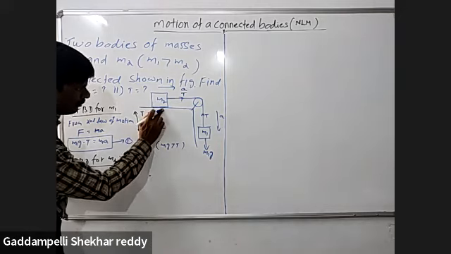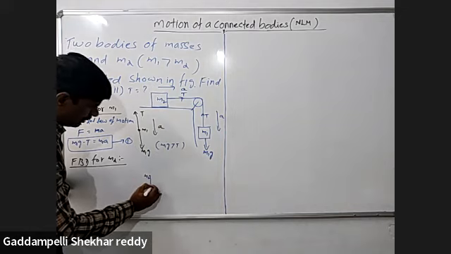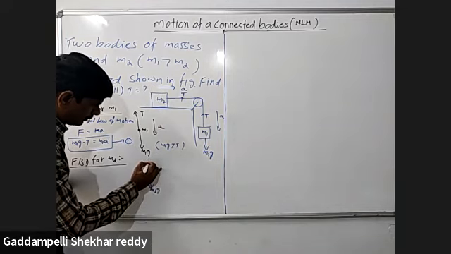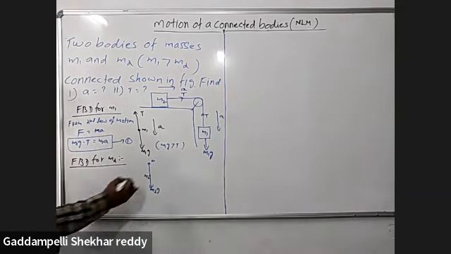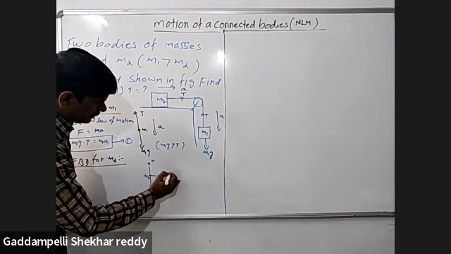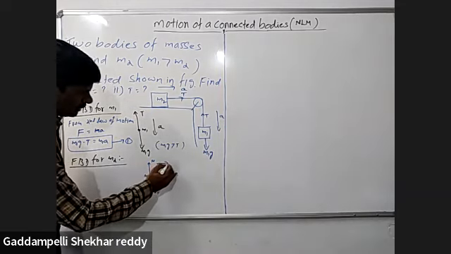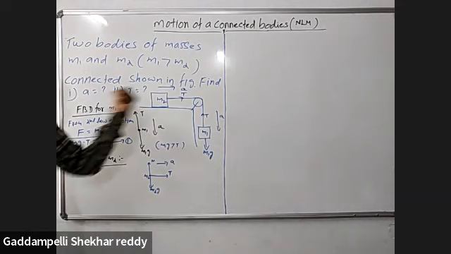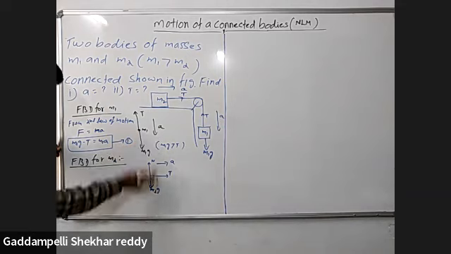The body is on the surface of the table. The weight of the body M2 g acts downward, the normal force acts away from the surface, and the tension acts toward the right. The acceleration of the system is toward the right. In the vertical direction, the acceleration is 0.